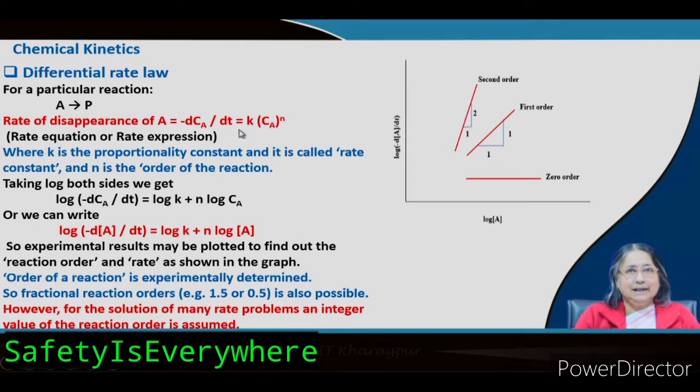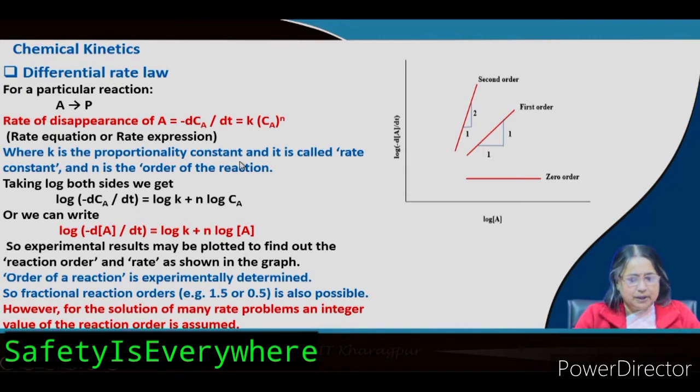What is k, what is n, and what is CA? CA is the concentration of A at a particular time t, n is the order of the reaction, and k is a constant called the specific rate constant, or simply the rate constant.